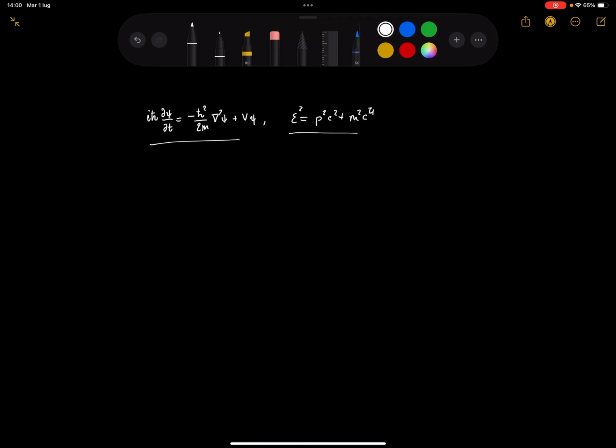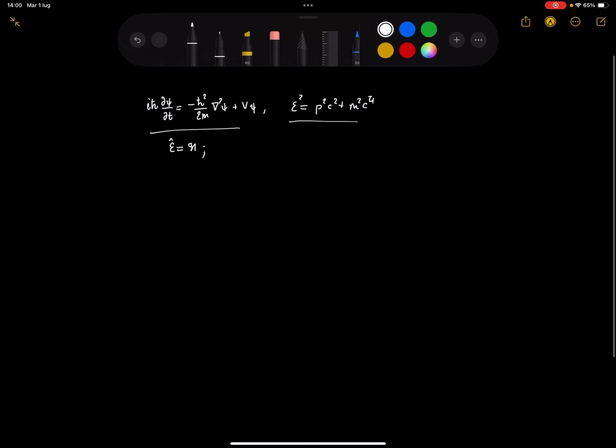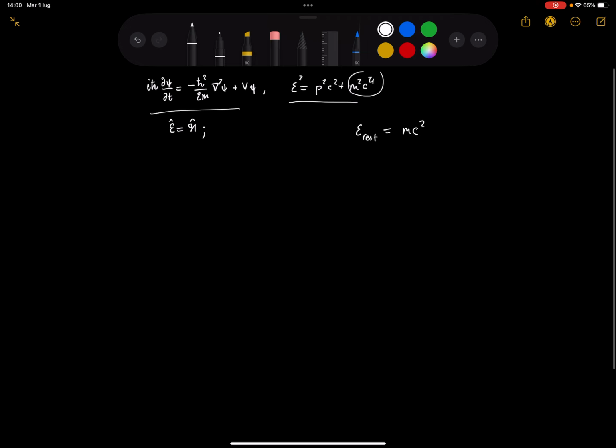And this is just E is equal to the Hamiltonian, right? And this is an incomplete form because we have no account for what the rest mass is, the rest energy, which is equal to mc squared, right?